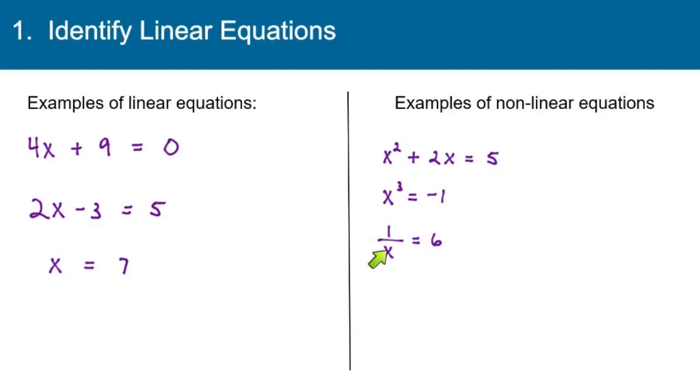Here we have 1 over x equals 6. Now I know you're going to say to me that this x is to the first power, but this x is in the denominator, and you're going to find out later that that means when it's written in a standard form, its exponent is not really a positive 1. So this is not linear either.